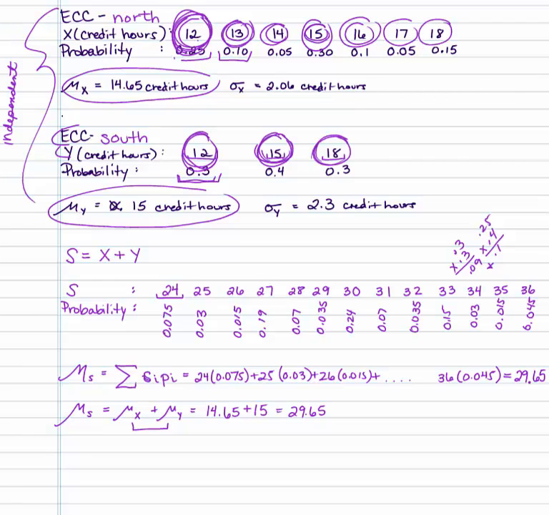Standard deviation is a little different, so let's try to calculate the standard deviation of S. And how we do that first is we find the squared value, which is the variance first.